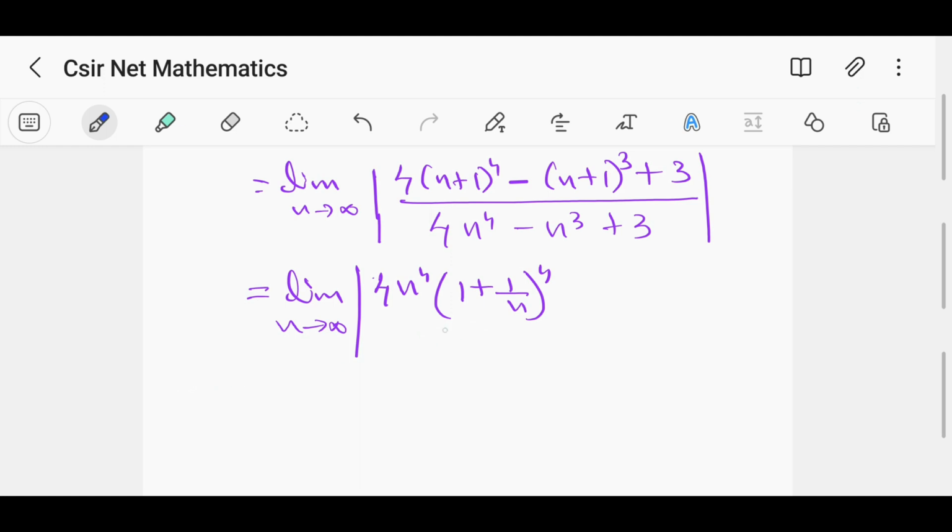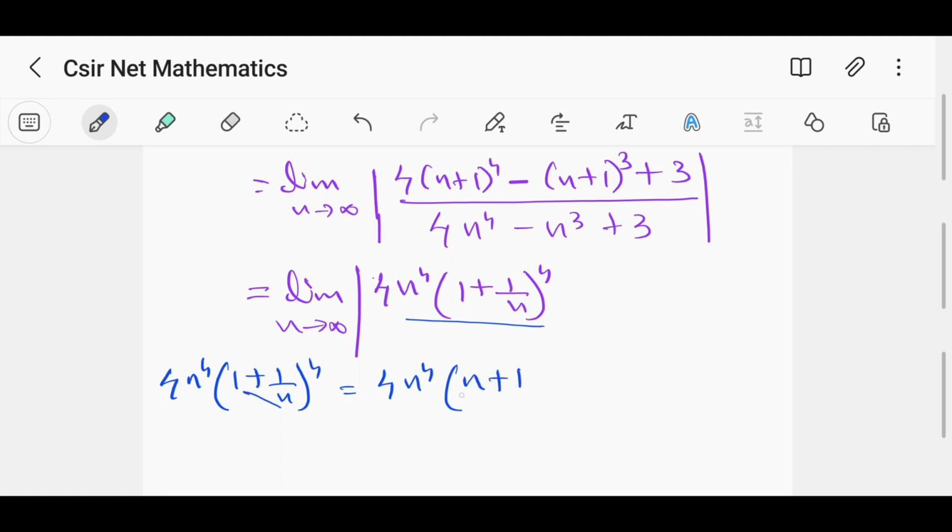If you multiply this term, you will get back the previous step as it is. This can be written as 4 times n^4 into ((n+1)/n)^4, if you take the LCM.